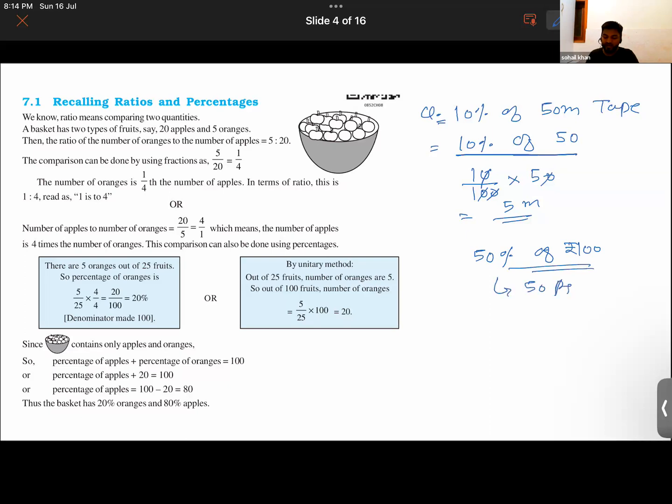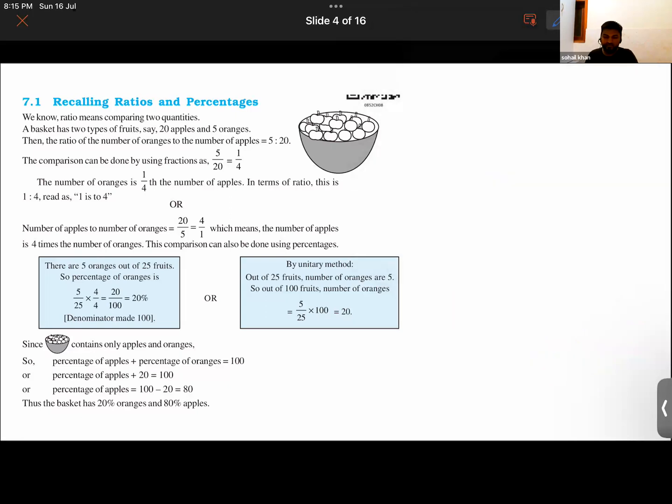So how did we calculate that? 50% of 100: first you convert this percentage into a fraction and then multiply it with 100. So you got 50, right, guys?